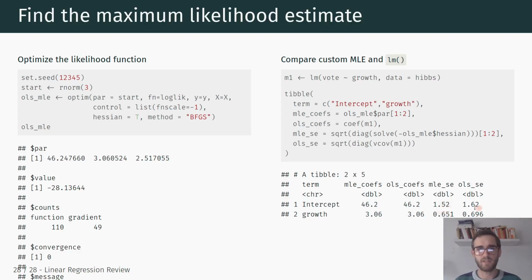The standard errors are slightly off, but overall we can see that we can get the same coefficients, estimate the same parameters using maximum likelihood as we have using ordinary least squares. Okay, so that concludes our coding example.